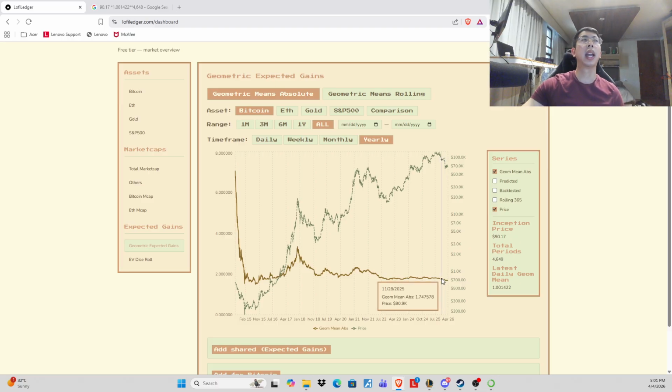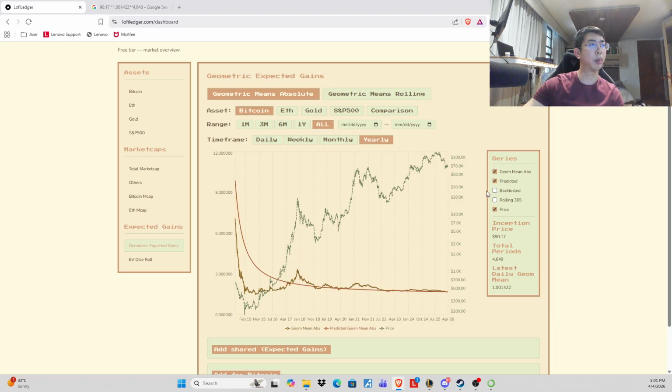So that's also why we can't really expect the same amount of gains from previous cycles in the current cycle, right? Previous cycles it was moving like 3x, but you can see in this graph it's been getting less and less throughout the years. If you look at the predicted line, it smoothens this out, and you can see it going asymptotically to a certain value.